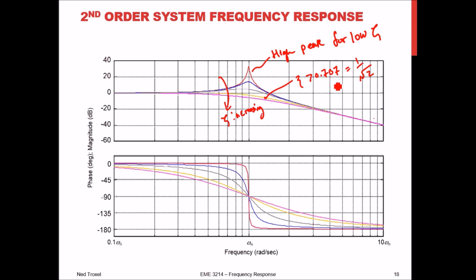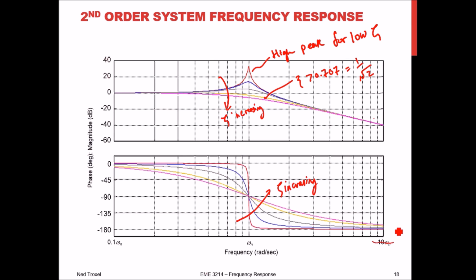Okay, and you'll also see this is the direction of zeta increasing. So for very small zeta, we have a very sharp peak, very sharp and steep phase plot. And for very large zeta, okay, you see it's a very, very smooth plot.